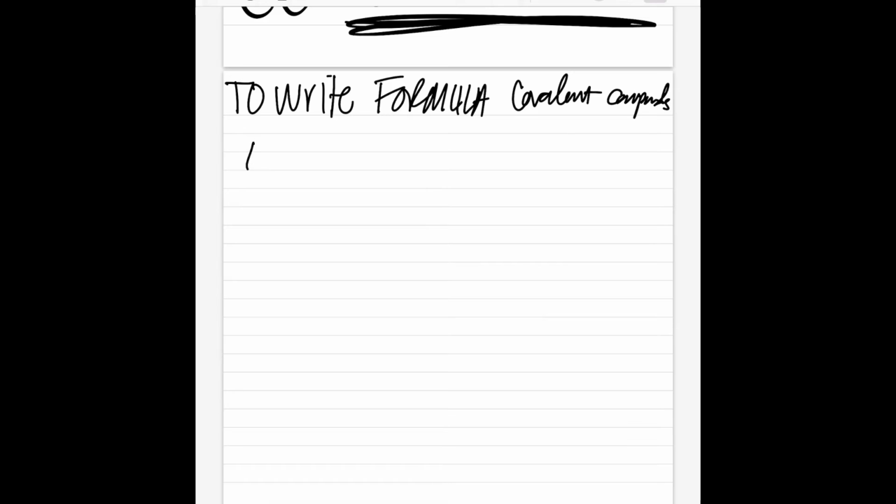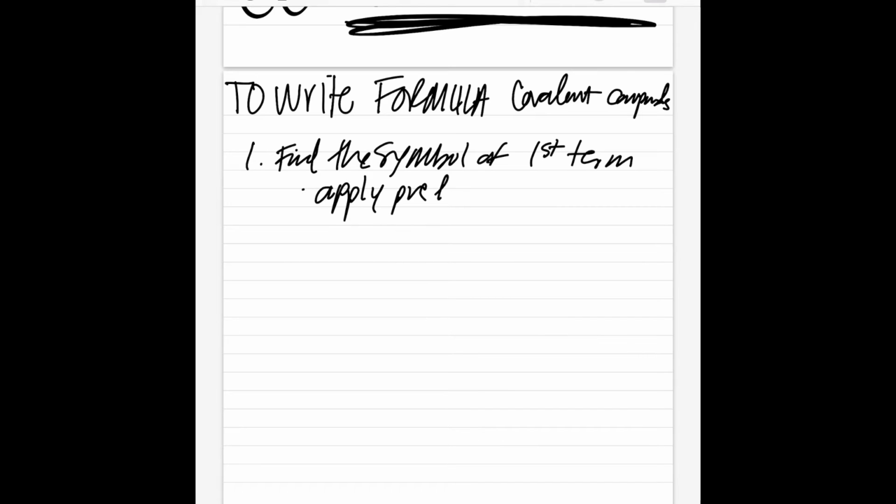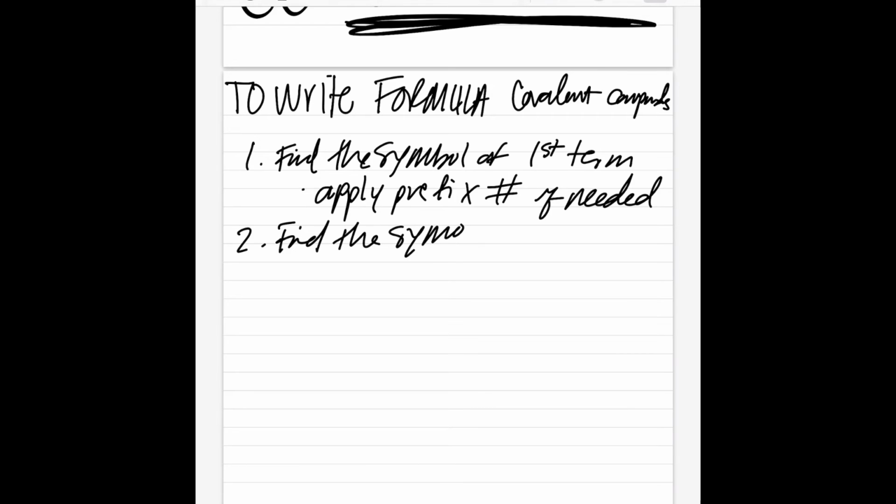Step 1, find the symbol of the first term, apply prefix number if needed. Step 2, find the symbol of the second term, apply prefix number if needed.